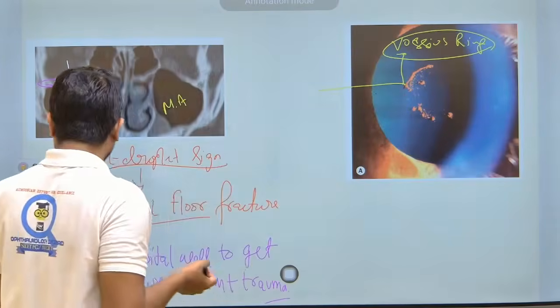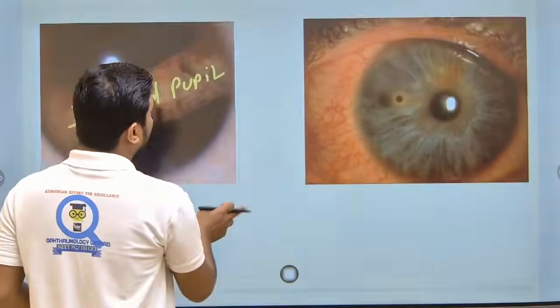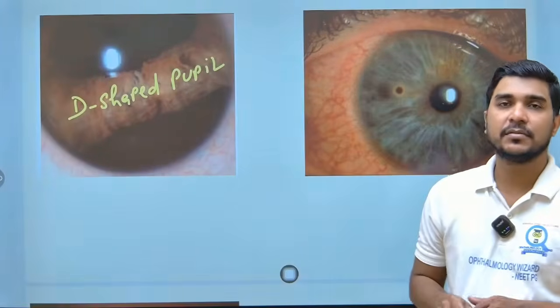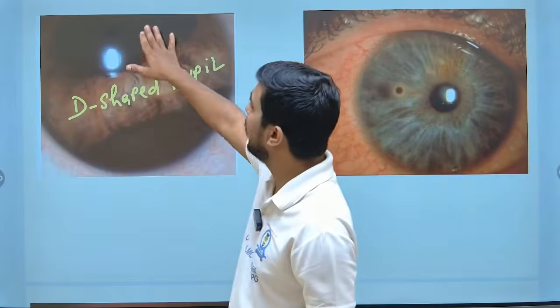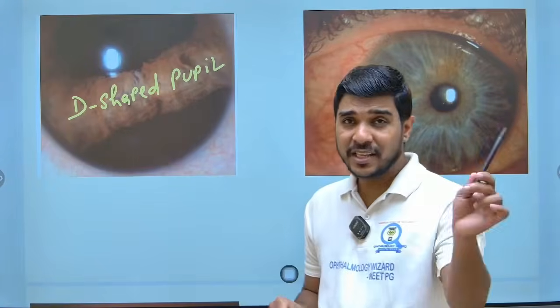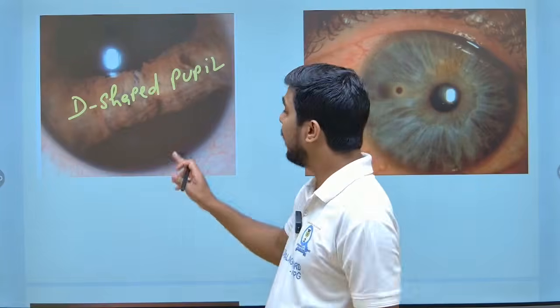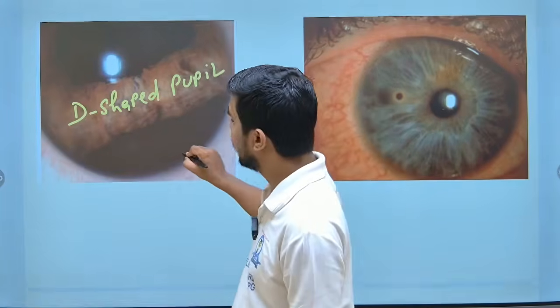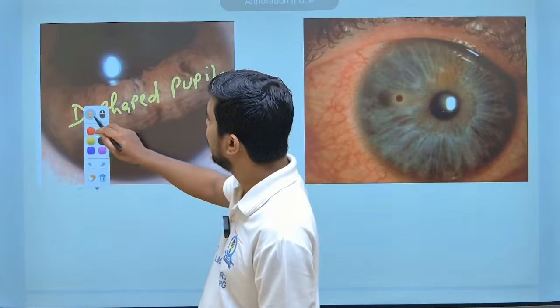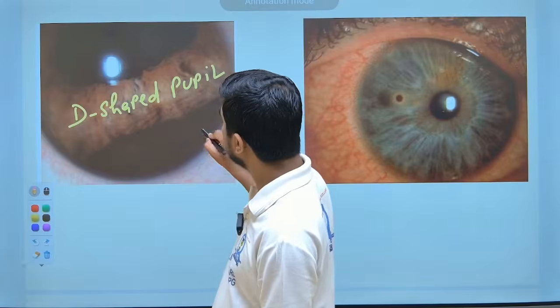Let me tell you one important image. After the trauma, the patient comes with this pupil. This is the normal pupil, and this is something D-shaped pupil you are seeing. It's not good, because what happened here is that there is a disinsertion.